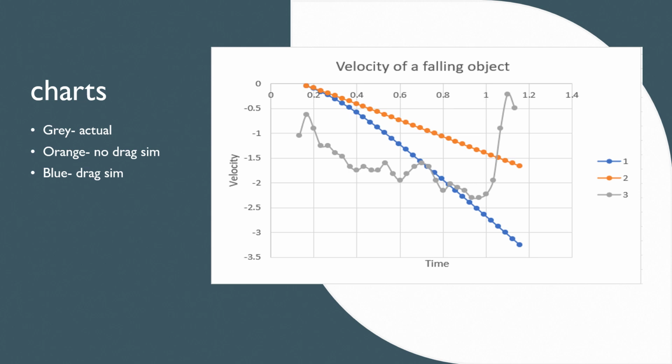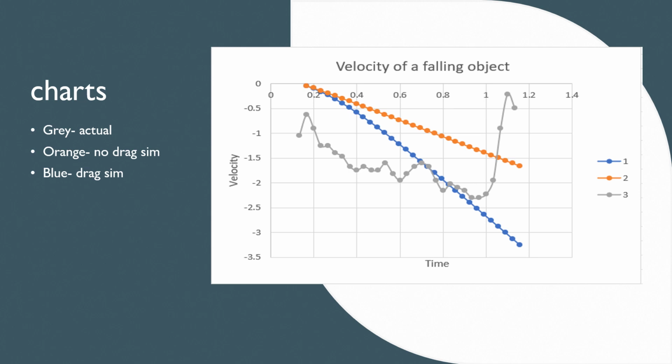And these charts show basically they track the velocity of the object over the course of time, with the gray being the actual fall of the object, the orange being the simulated with no drag, and then blue being simulated with drag.